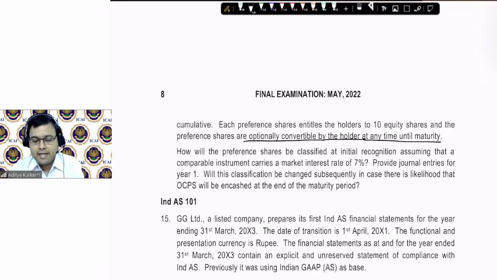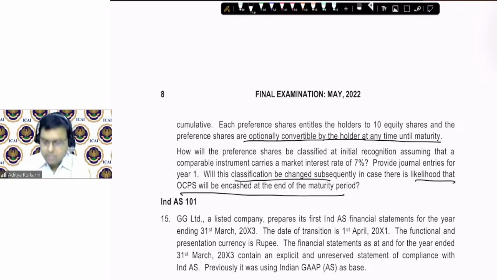Provide journal entries for year 1. Will the classification change subsequently in case there is a likelihood that OCPS will be encashed at the end of the maturity period? So this is what is your question.